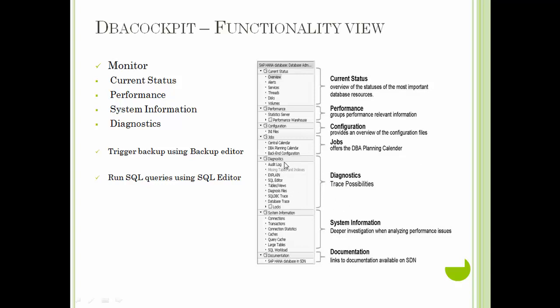Moving on to next section, that is diagnostics. This diagnostic node comprises different sections like audit log, missing tables and indexes, explain, SQL editor, tables views, and it offers traces, that is in the diagnosis files, and traces like SQLDBC trace, database trace.